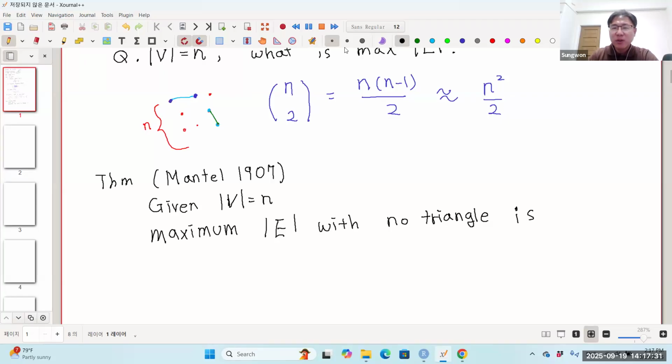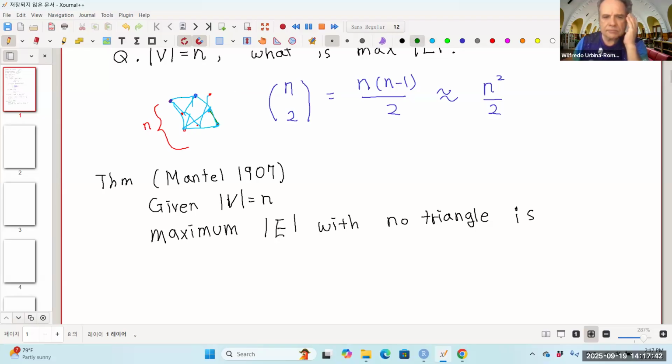Because, well, if you have a complete graph, then you have an edge from here, that's a triangle, and there is an edge from here, those are triangles, and there are so many triangles.